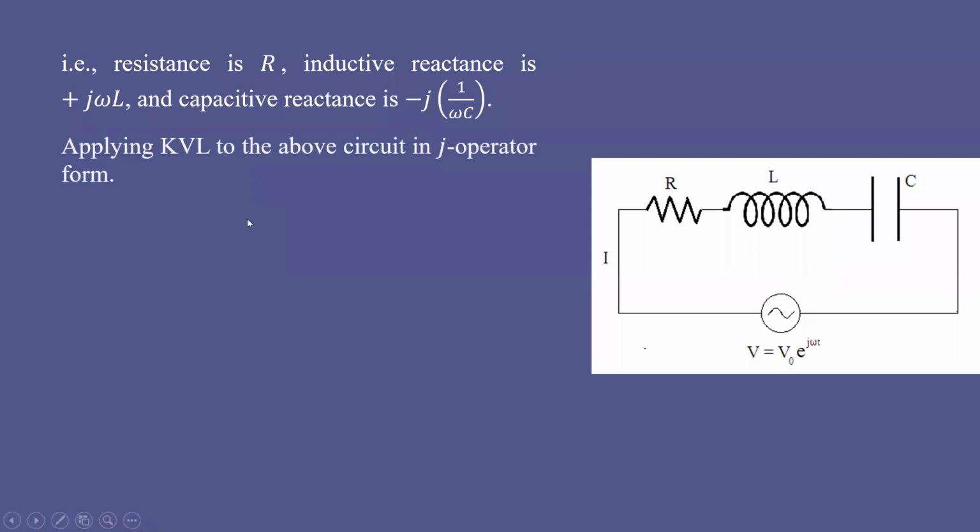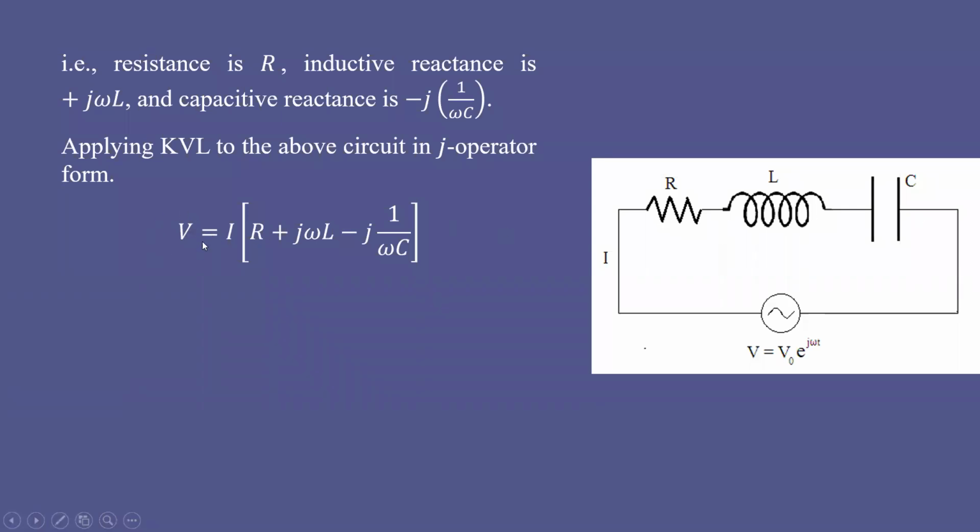Now apply the KVL to this particular loop, KVL to the circuit, that is Kirchhoff's voltage law. The effective voltage applied to the circuit is equal to current into effective resistance. So current is I, the instantaneous current, into effective resistance, which is R plus J omega L minus J into 1 by omega C. Remember, they are connected in series.